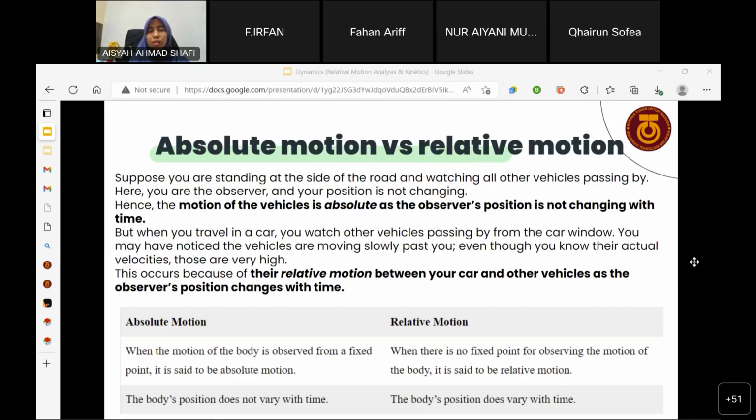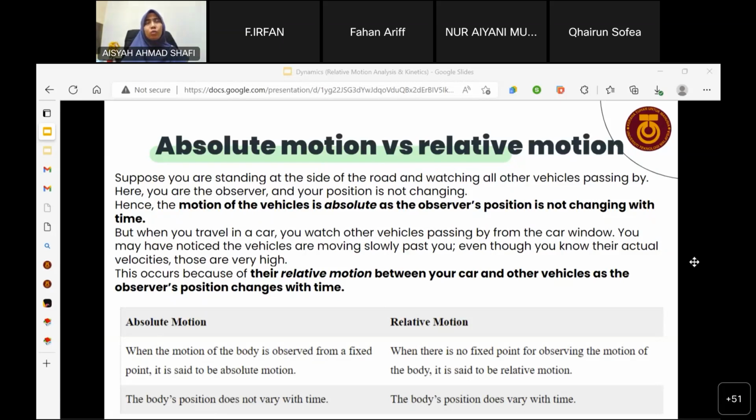You may notice the vehicles are moving slowly past you, even though you know their actual velocities are very high. This occurs because of the relative motion between your car and other vehicles, as the observer position changes with time. Okay, I think you understand now.